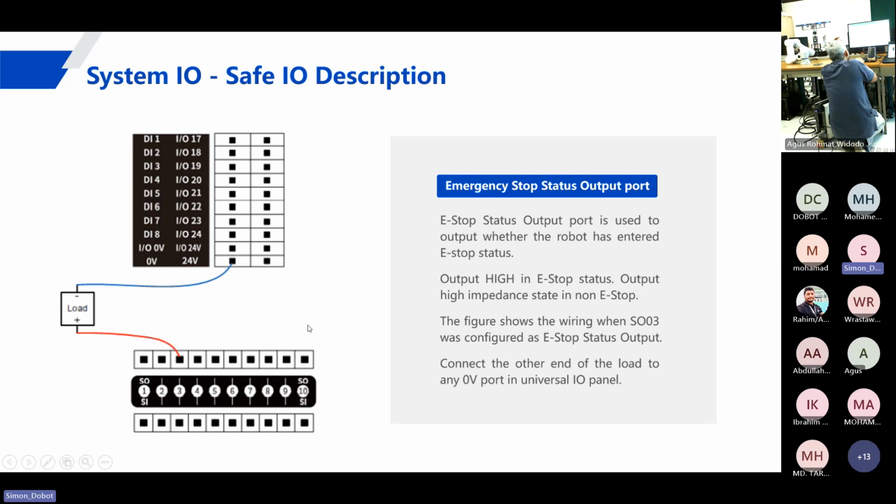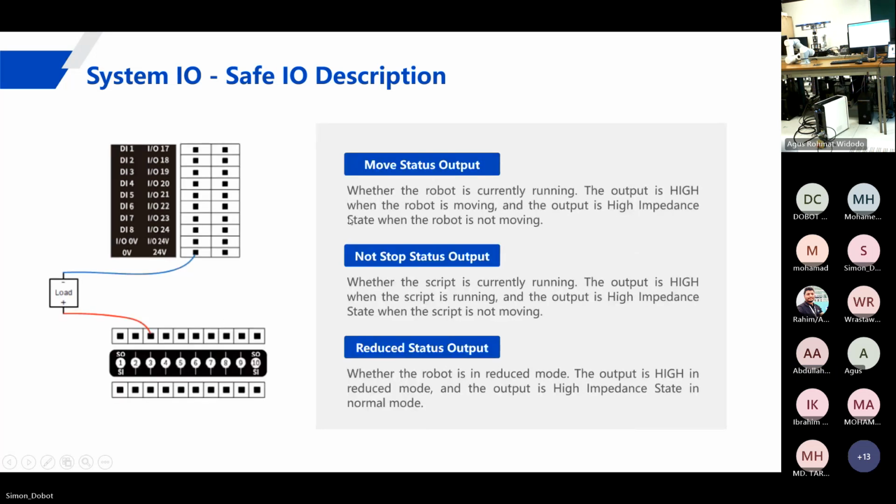So for the output, you need to use the 0 volt from the general IO, because these are outputs, and we need to connect to the other 0 volt on the top of the IO board. So this one, for example, is connected to SO, safety output 03. Okay, for the other functions, also similar. For all the output functions, also similar.